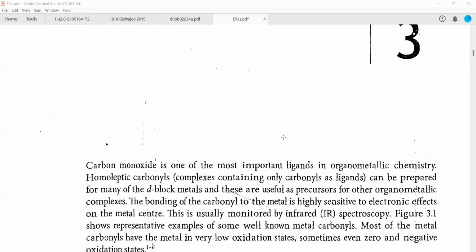It depends upon the type of bonding at the metal center, how strongly it is accepting the electron, or how strongly it is bonded to the metal.